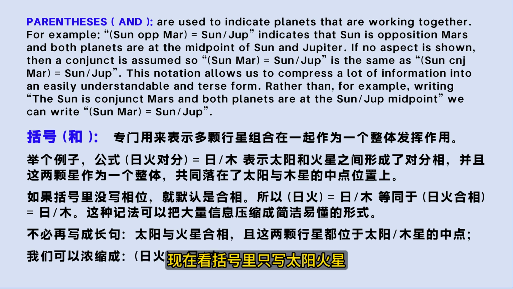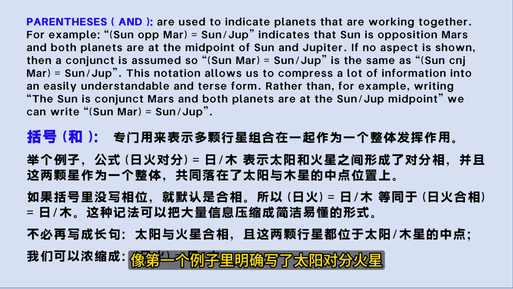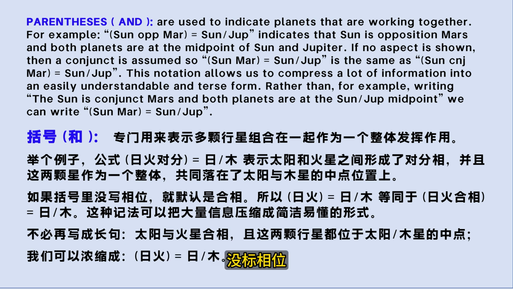Okay, so now when you have the parentheses and it just says Sun-Mars, here in this first example I have Sun opposition Mars in parentheses. In this second example over here, about in the middle of this paragraph, it's just Sun-Mars with no aspect.